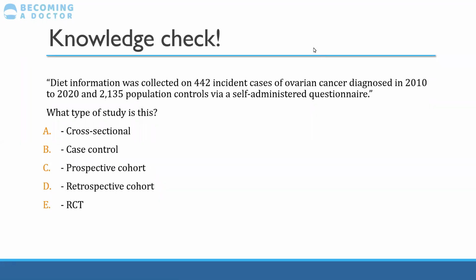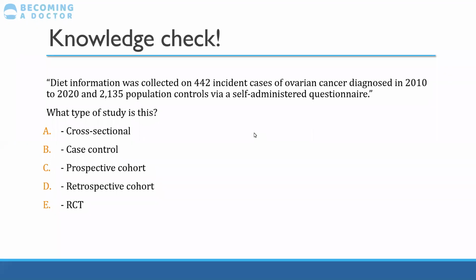So in this case, what we're looking at is diet information and cases of ovarian cancer. So we're taking a population in which there's ovarian cancer and non-ovarian cancer patients, and then looking back at the risk factor of diet. So ovarian cancer is the outcome and diet is the risk factor.